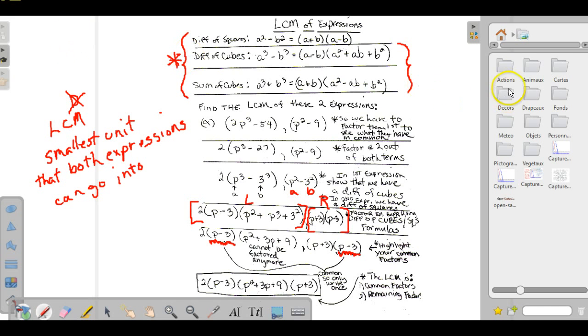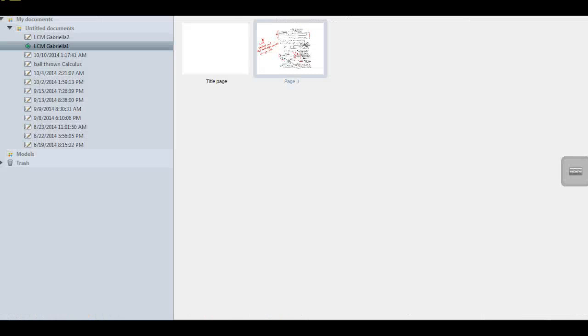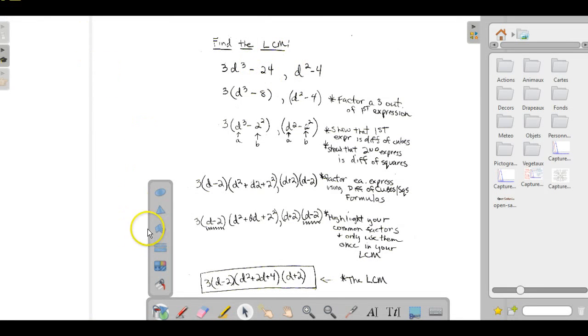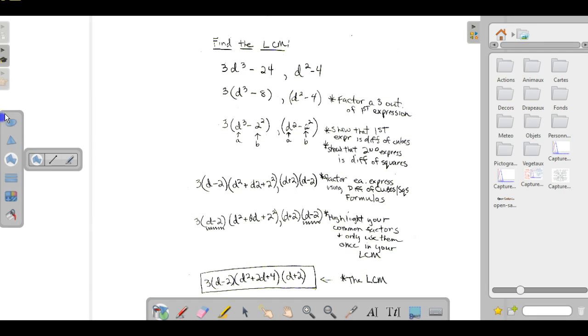And then let me get to the other one. So then here's the other one. Okay.